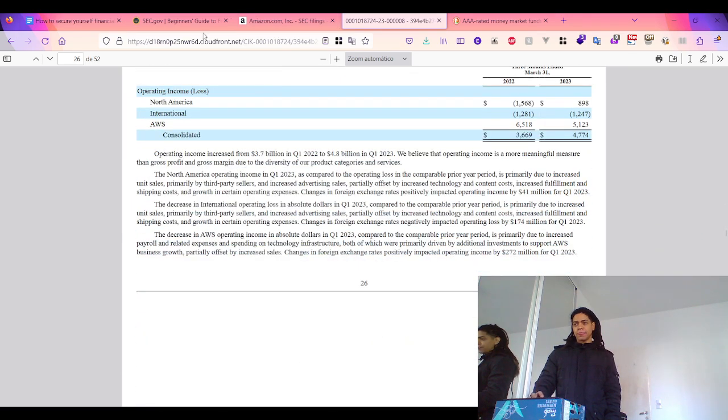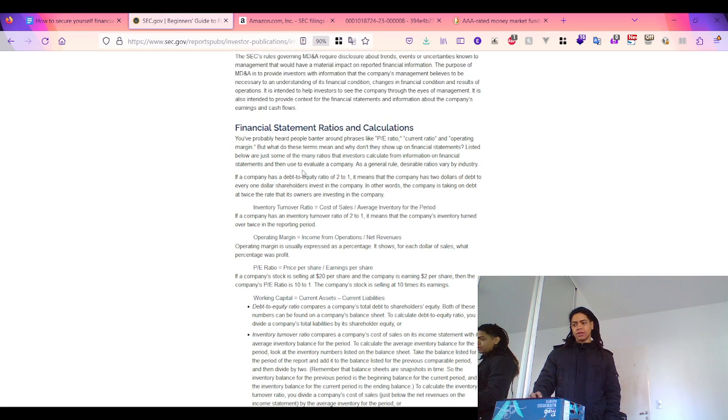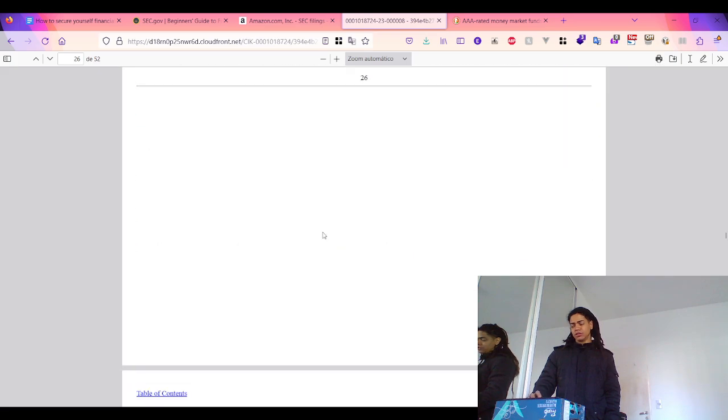So when I keep reading about these financial statement ratios and calculations, they mention things you have probably heard people bandy around, like P/E ratio, current ratio, and operating margin. When they talk about operating margin, it is similar to this.